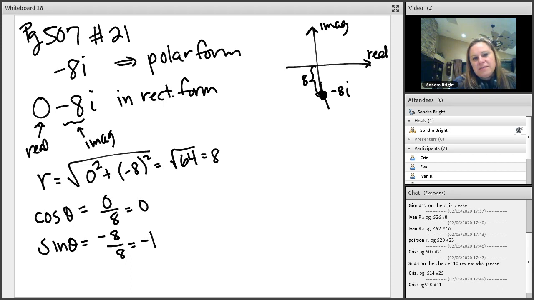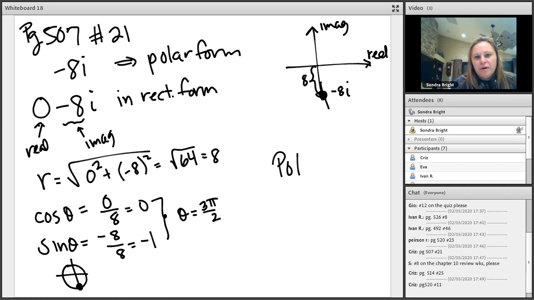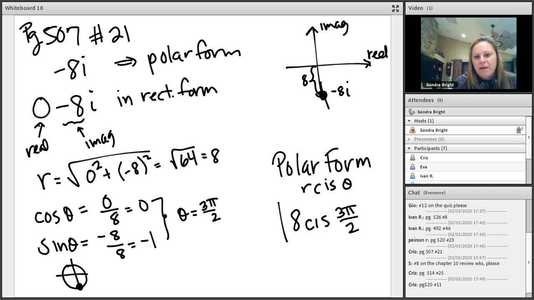Cosine is 0 and sine is negative 1, it's down here, and that means your theta is 3 pi over 2. And so the polar form, remember, is r cis theta. So it's 8 cis 3 pi over 2 is the polar form of negative 8i.